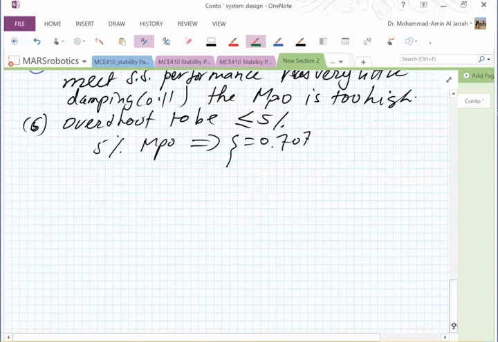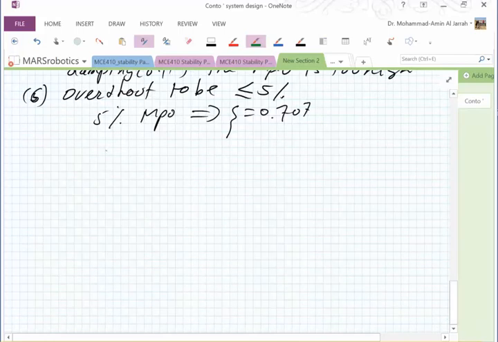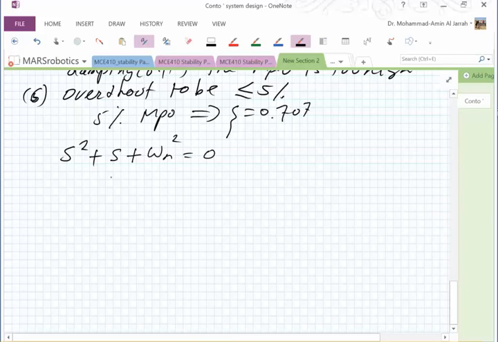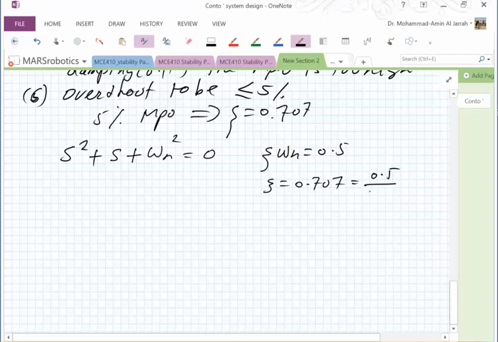In order to meet the customer specification, we will have s squared plus s plus omega n squared equal 0. The customer wants zeta omega n to be 0.5, and he is happy with this, but he wants zeta to be 0.707, and this is equal to 0.5 over omega n.